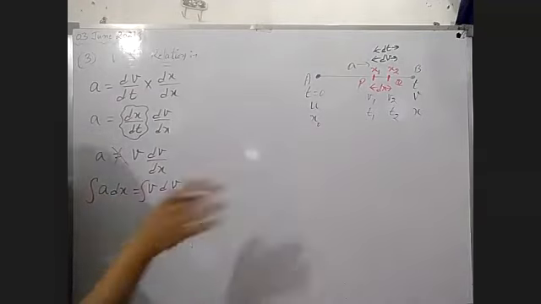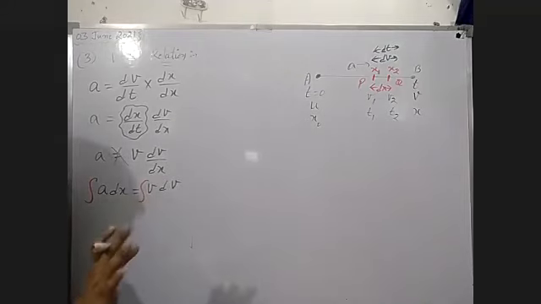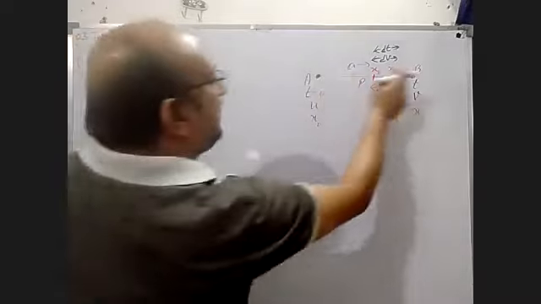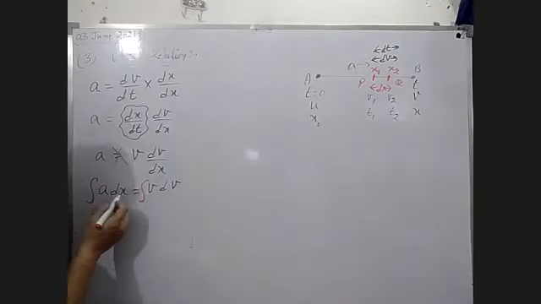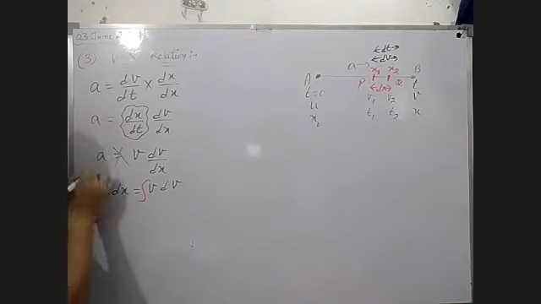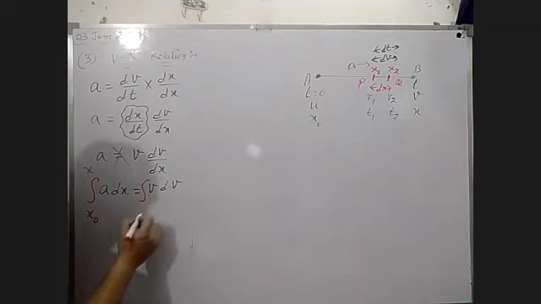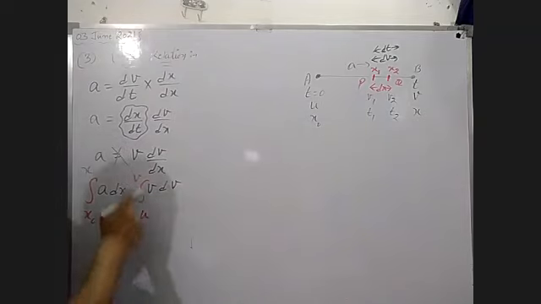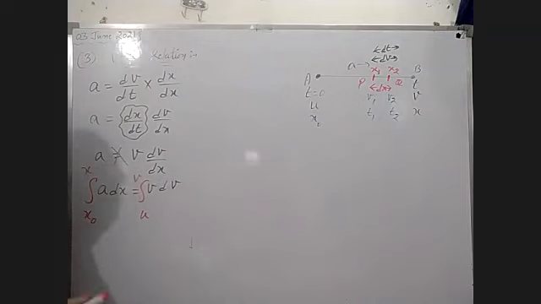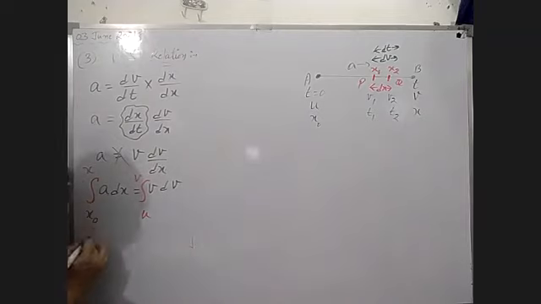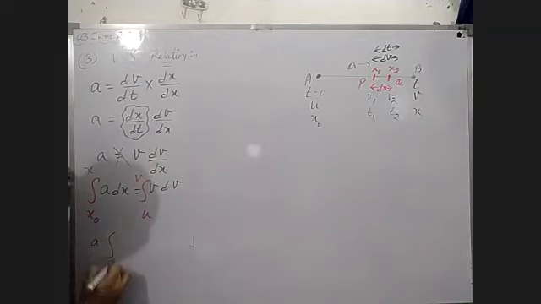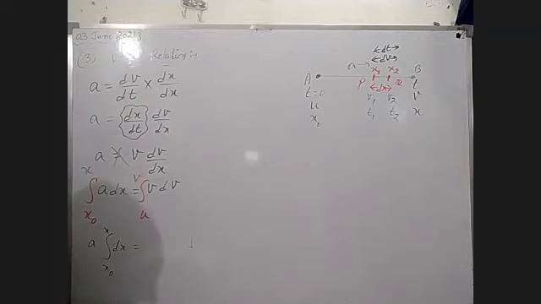For PQ you can take the integration from x1 to x2, but we are talking about AB in this question. So the limit of dx varies from x0 to x, and for v, the initial velocity u and final velocity v. Now a will come out of the integration, only dx will be in the integral.